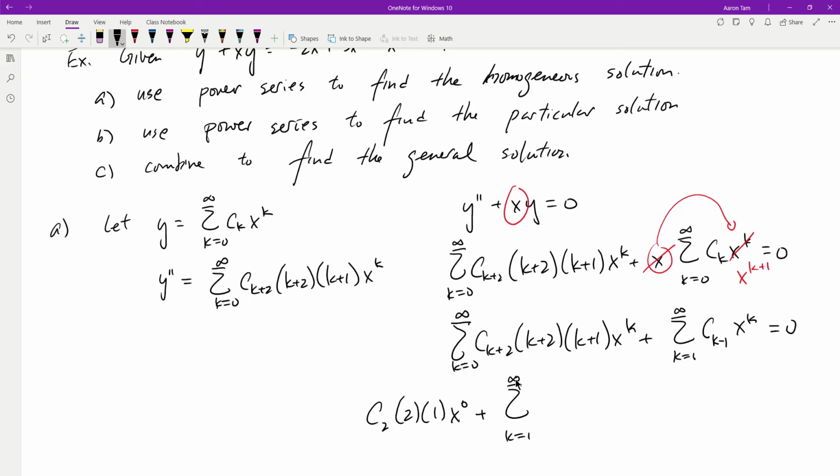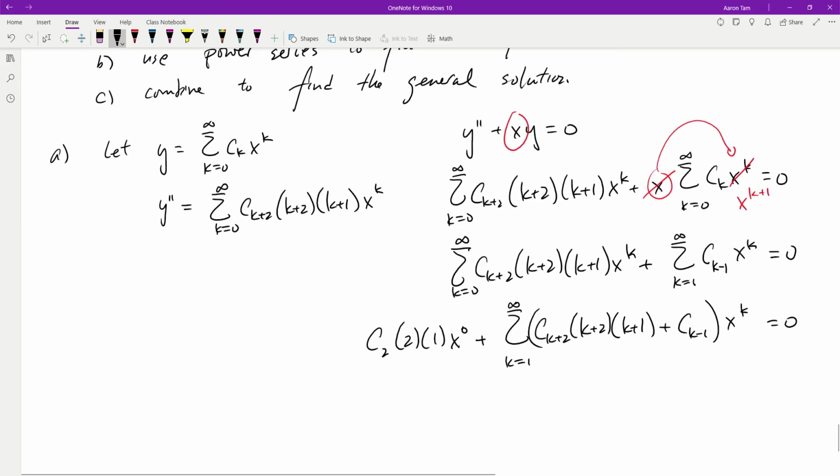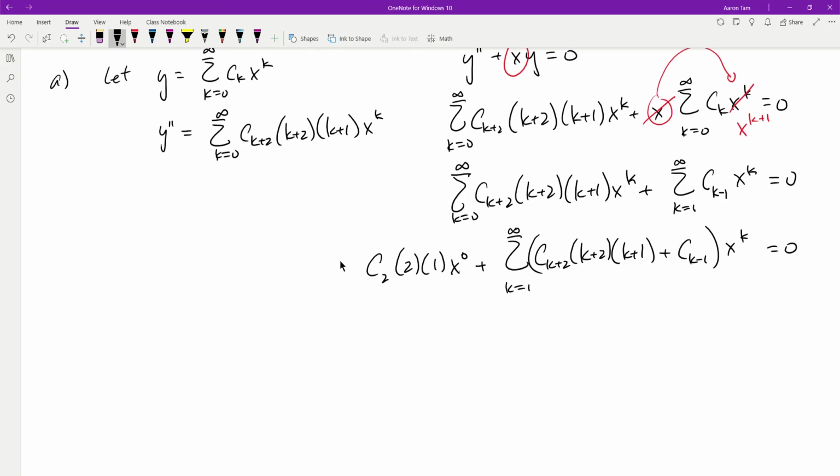Plus, I now can combine these two summations together, starting with k equal to 1. Then I have c sub k plus 2, times k plus 2, times k plus 1, plus c sub k minus 1, multiplied by x to the k equal to 0. So now I can try to form all these terms, and this gives me two equations.